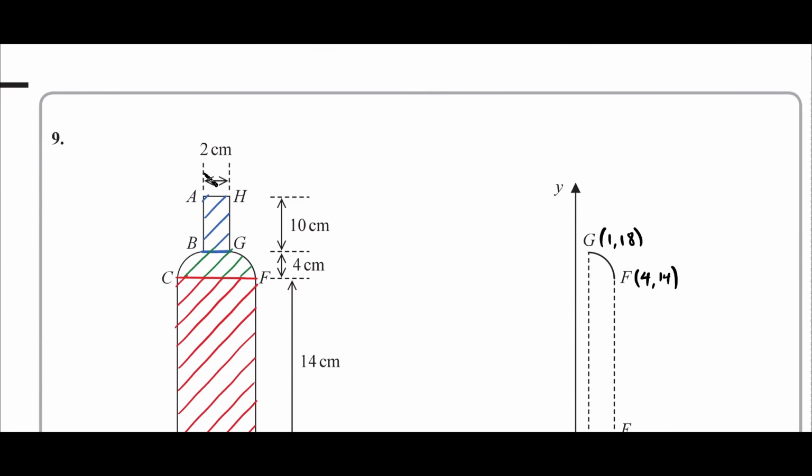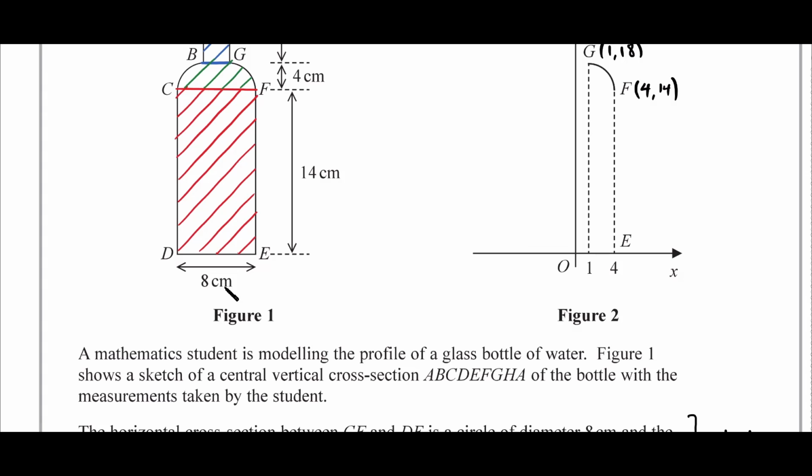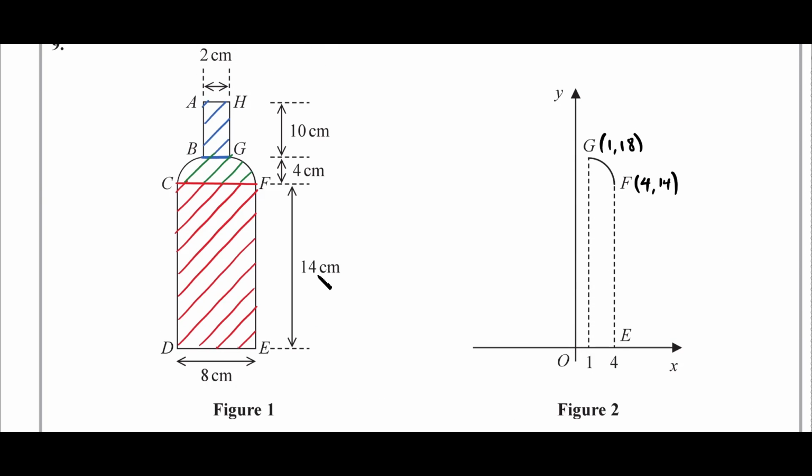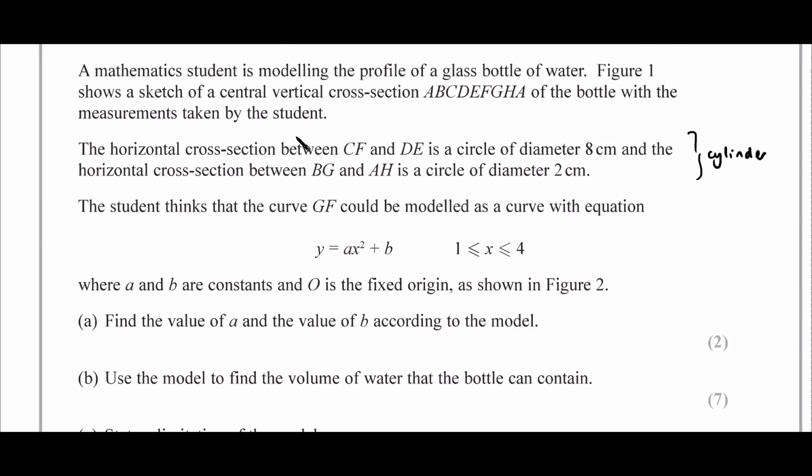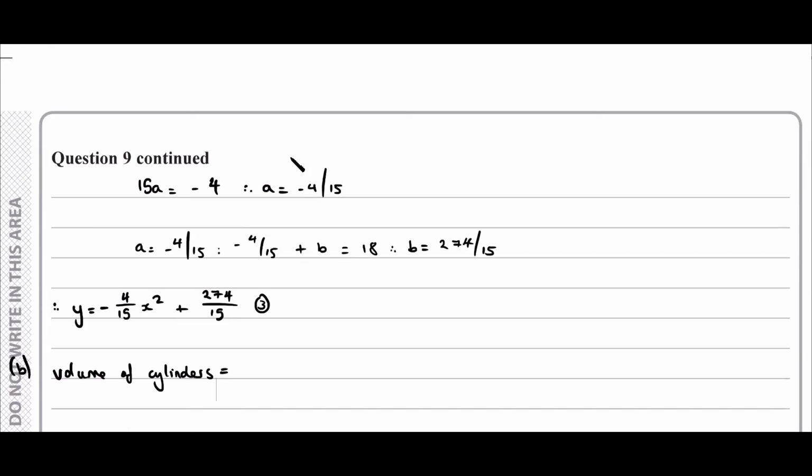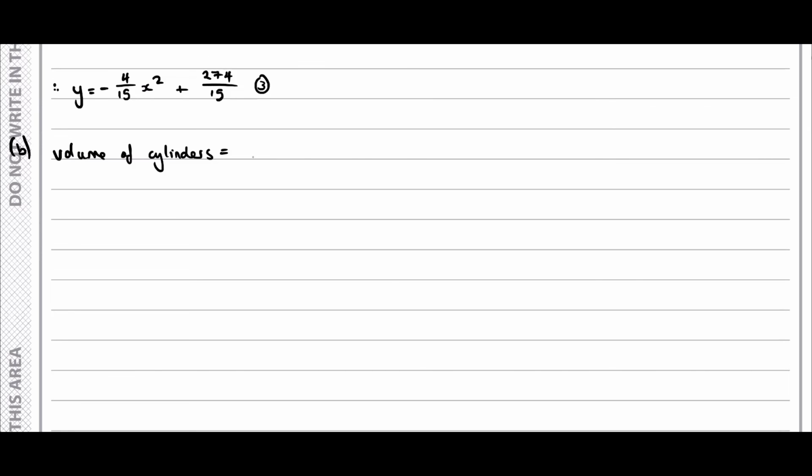Now, the radius of the first cylinder would be half of 2, which is 1, and the radius of the second cylinder would be 4. The height of the cylinder is 14, the other one is 10. So the volume of the cylinders, we have pi lots of 1 squared lots of 10 plus the bit in red, which is pi lots of 4 squared lots of 14.